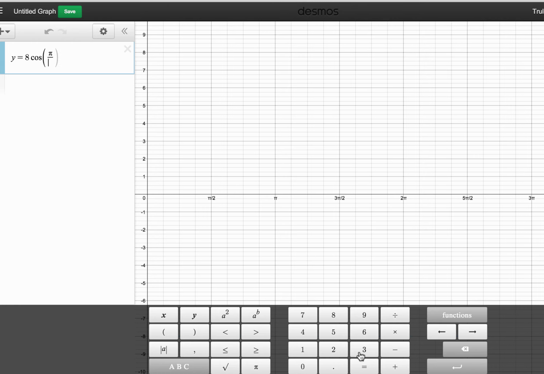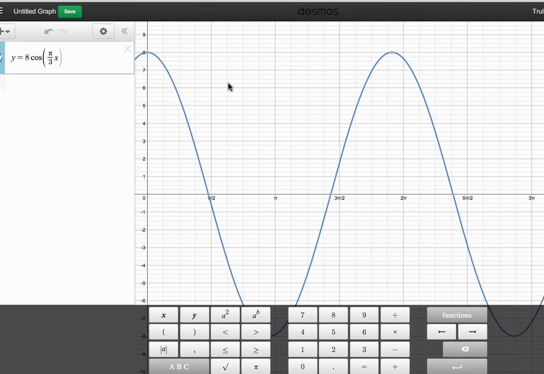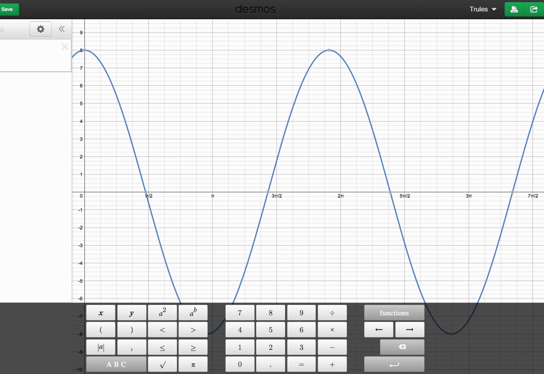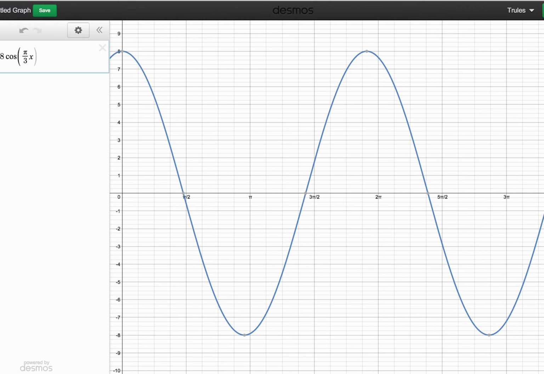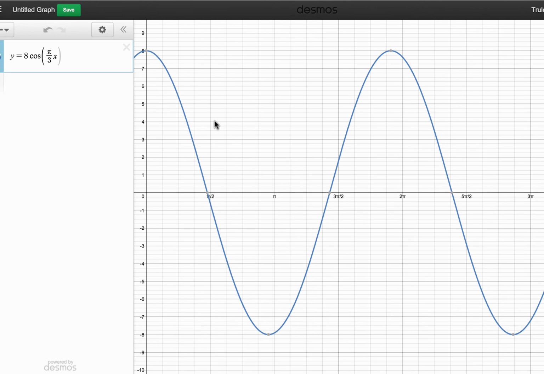Pi divided by 3. All right, just to make it quick. All right, so cosine wave. So here we go. Let's get this out of the way here. There's my complete cosine wave.